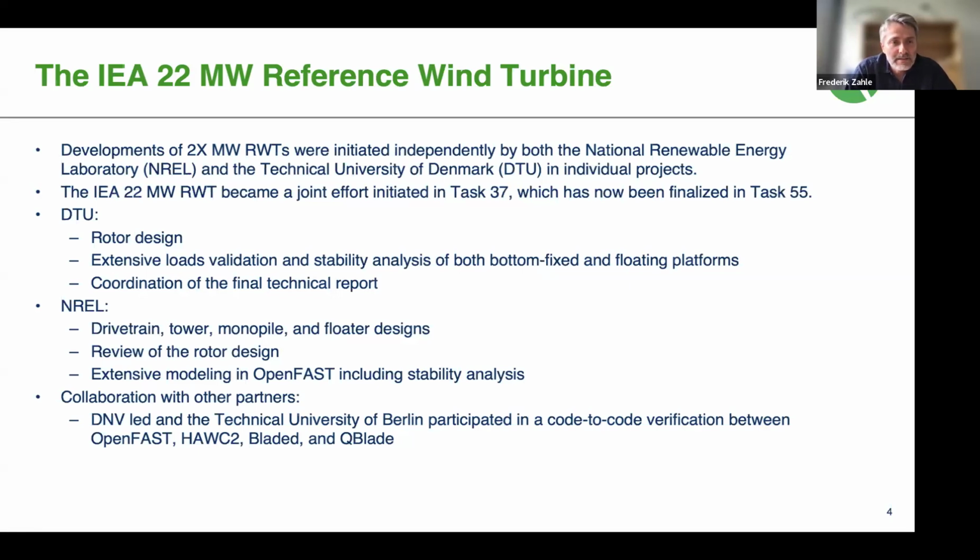At DTU, we led the overall coordination of the design process and led the rotor design, along with extensive load validation and stability analysis of both the bottom-fixed and floating platforms. NREL designed the rest of the turbine: drivetrain, tower, monopile, and floater. And of course, we iterated back and forth on the validation of this design.